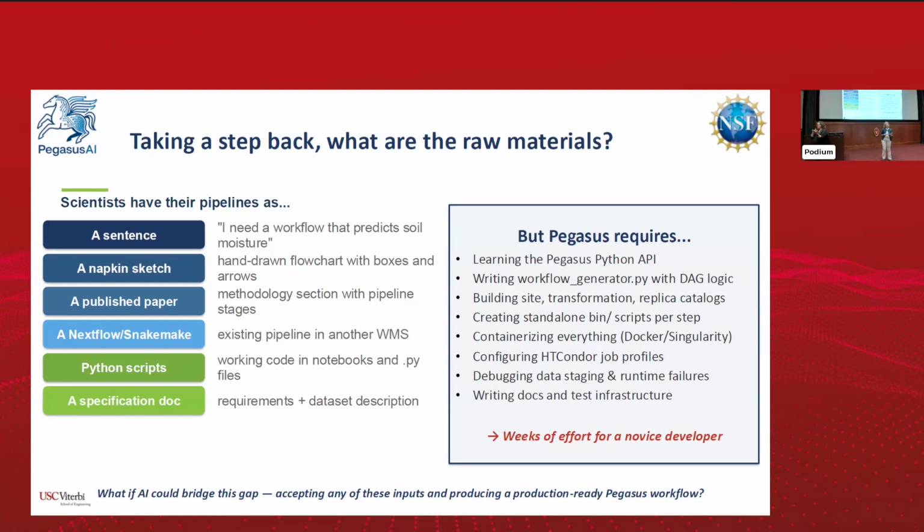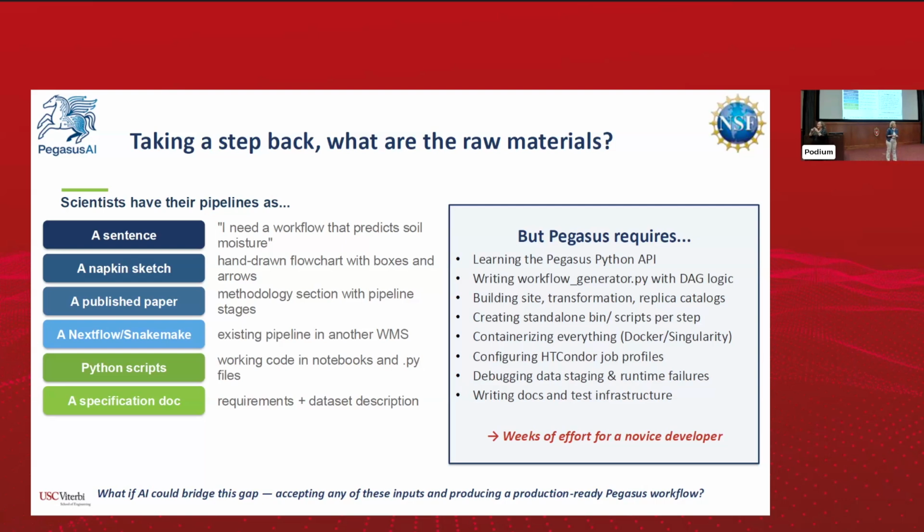So you have all this stuff, but what Pegasus actually requires is using a Python API or R API to generate the workflow. You need to build additional catalogs, tell Pegasus where the data is, where the computations can take place, and what your resources are. And you need to containerize everything.